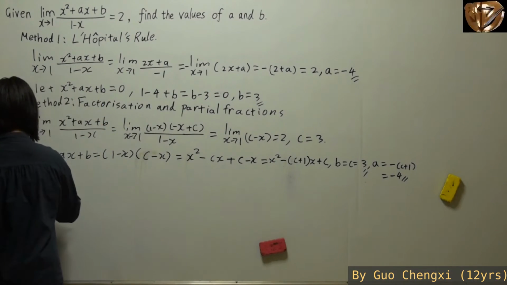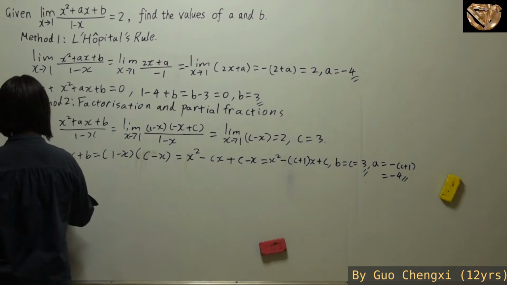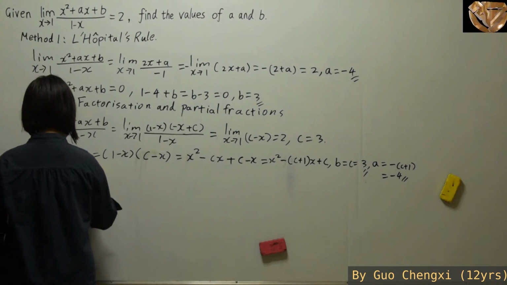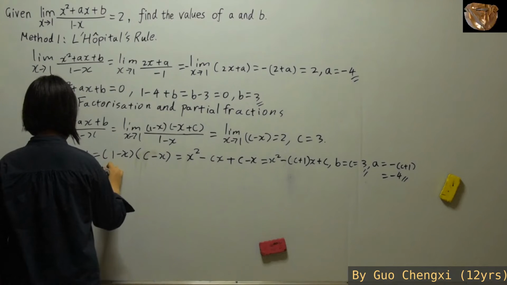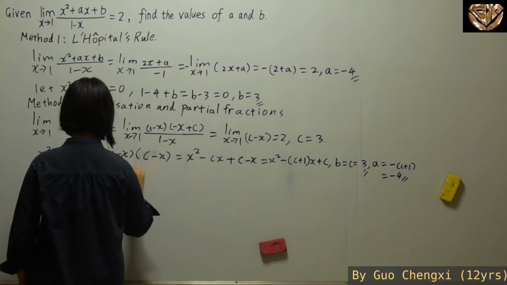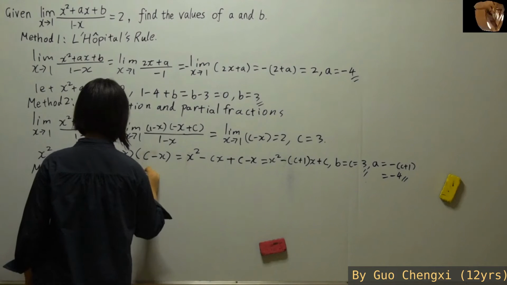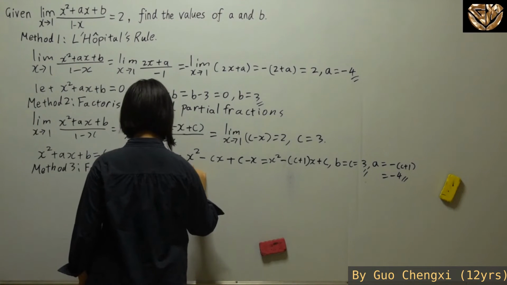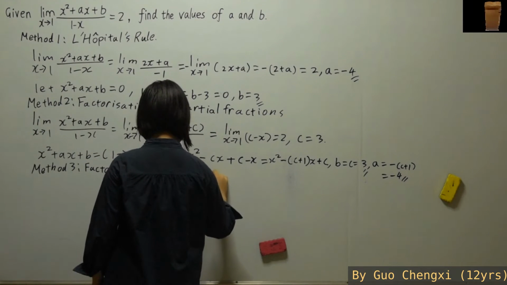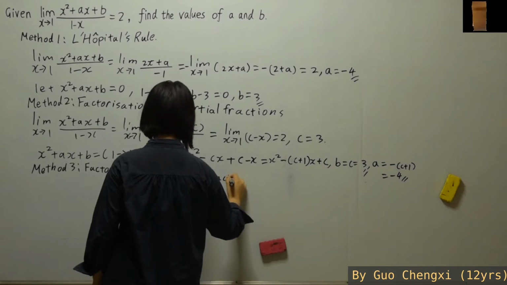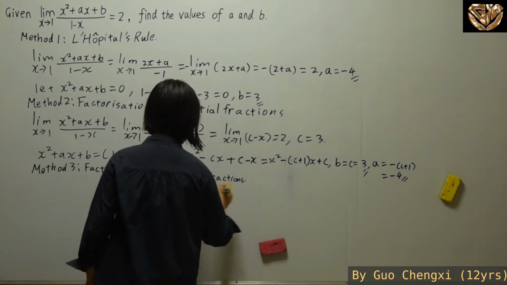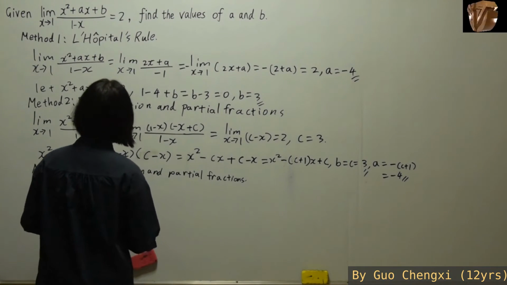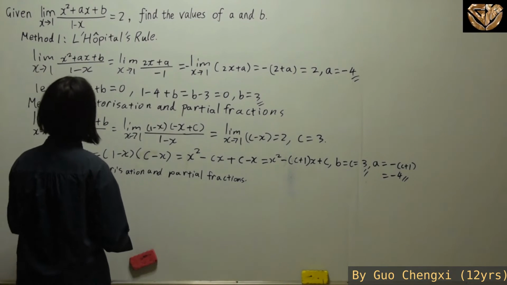And for our last method, we will still be using the same kind of method as method 2, but different, so we can tell that this is still going to be factorization and partial fractions. Now that we're on method 3, if you compare it to method 2, the names are the same, right?